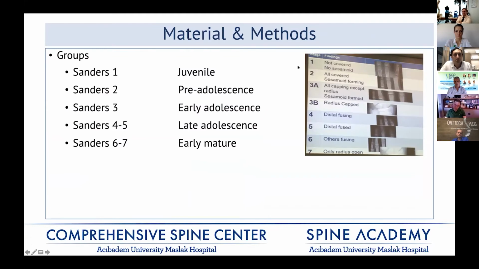So just a quick look at how much growth we can modulate with this technique. We looked at our cases and we grouped them into different stages of their maturity and growth potential: the juvenile cases, pre-adolescents, early adolescents, late and early mature.